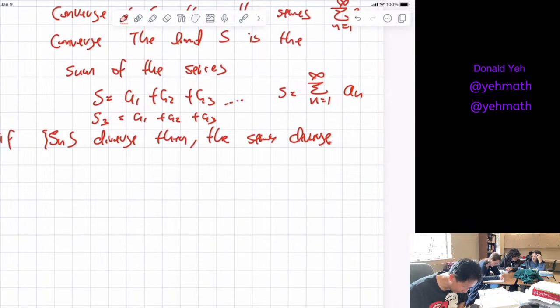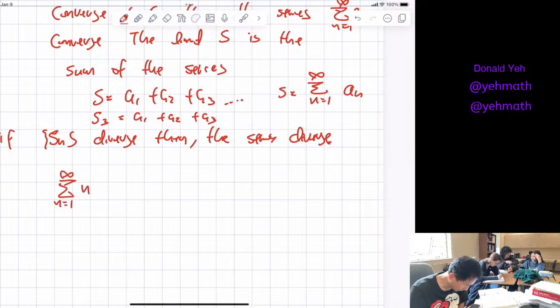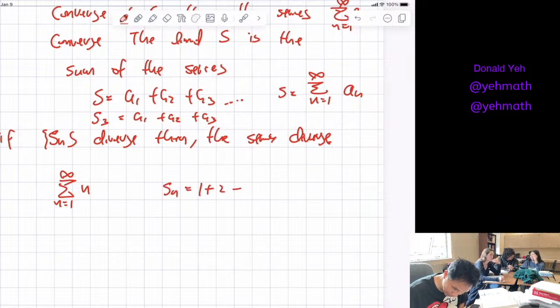Now, for example, does this converge or diverge? Why? Because S_n is equal to 1 plus 2 plus 3 up to n.